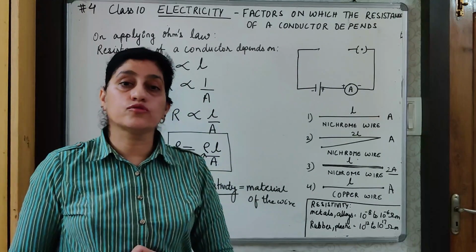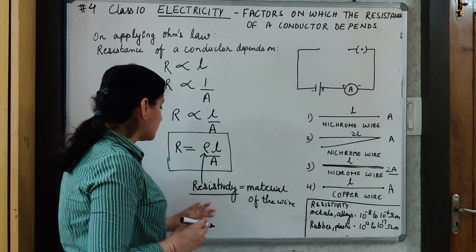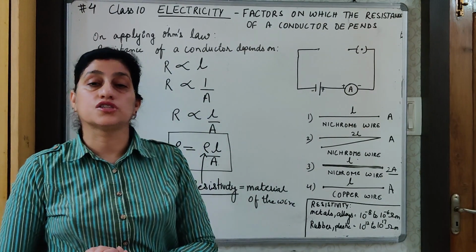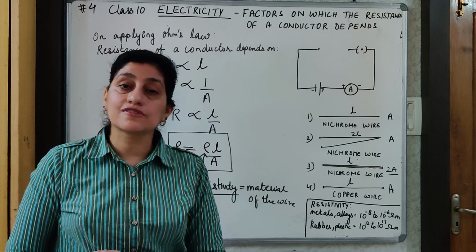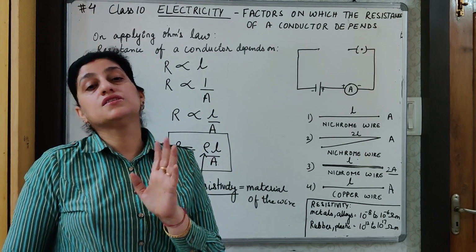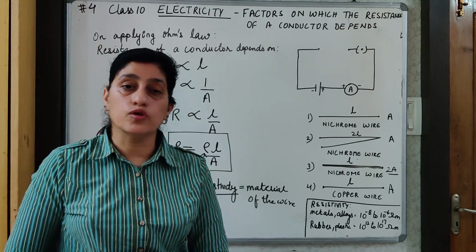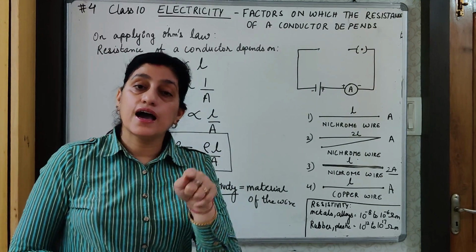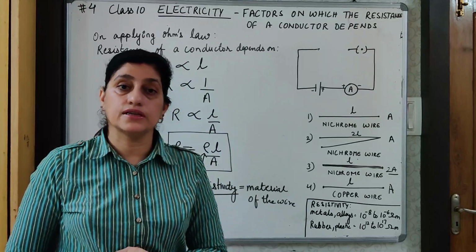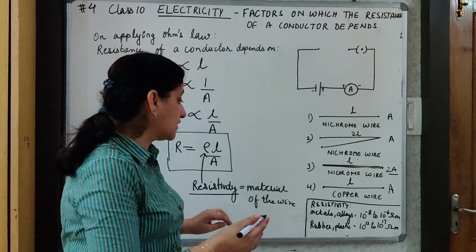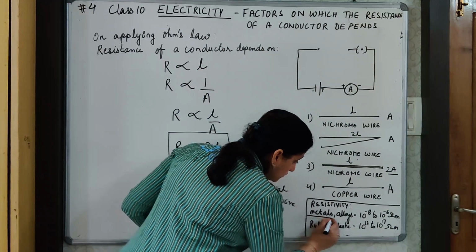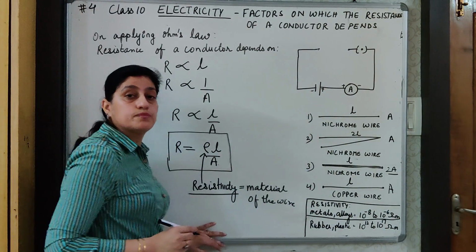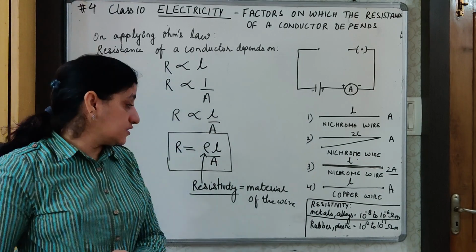Only little thing you have to remember is that resistivity and resistance are dependent on each other. So if the resistivity is more, it means the resistance is also more. So substances which are conductors will have lower resistivity, and the resistivity of conductors is of this order: 10 raised to the power minus 8 to 10 raised to the power minus 6 ohm meter.